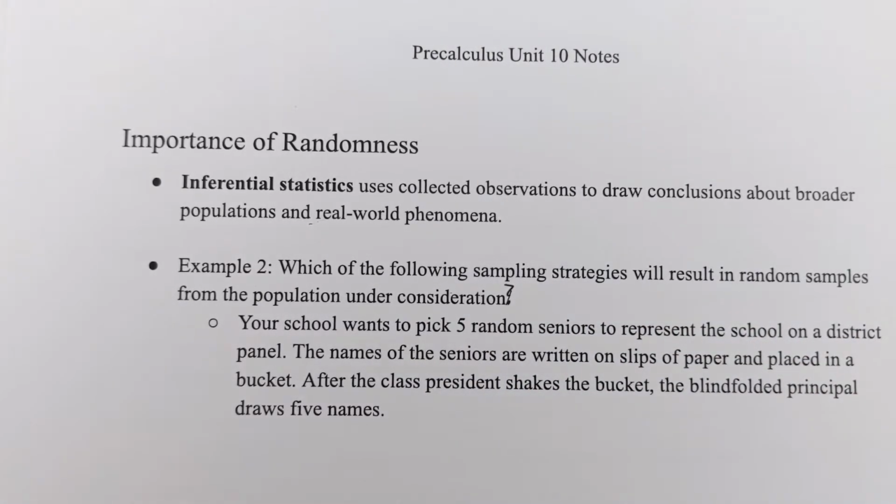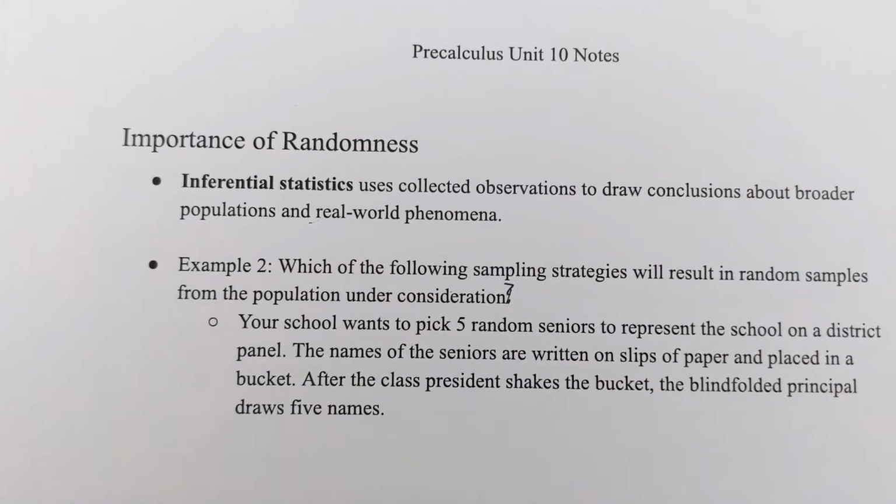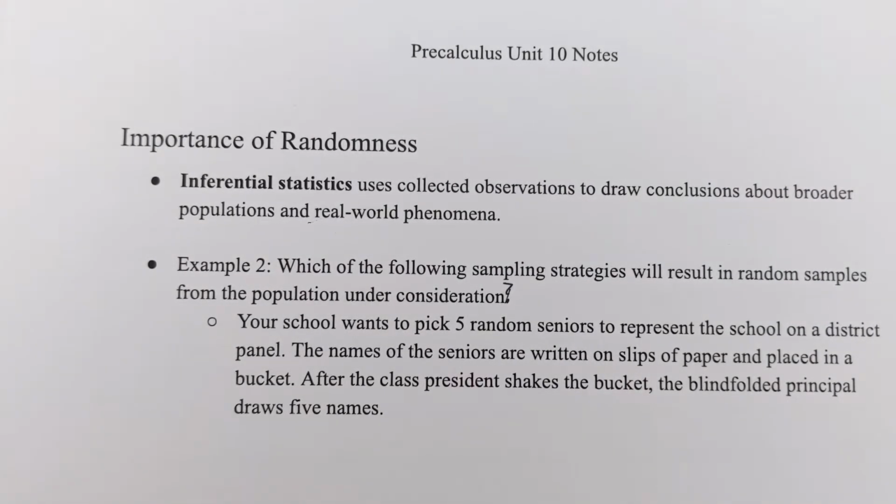Okay. Your school wants to pick 5 random seniors to represent the school on a district panel. The names of the seniors are written on slips of paper and placed in a bucket. After the class president shakes the bucket, the blindfolded principal draws 5 names.